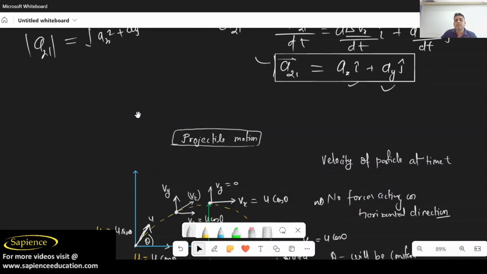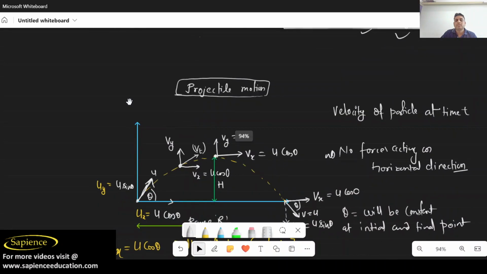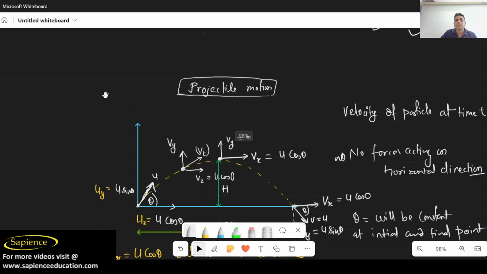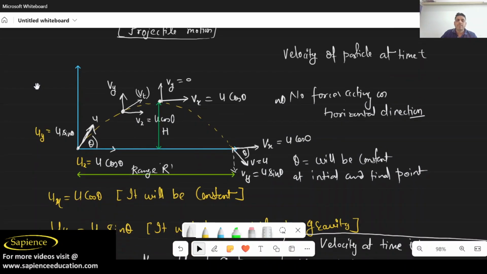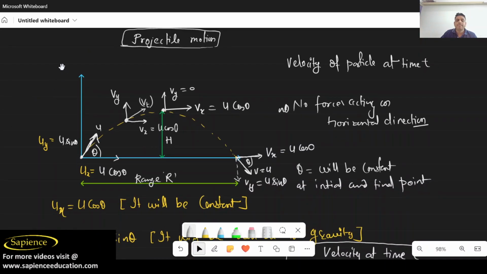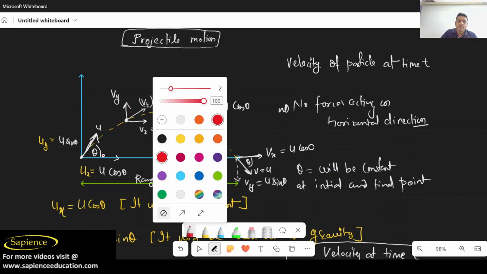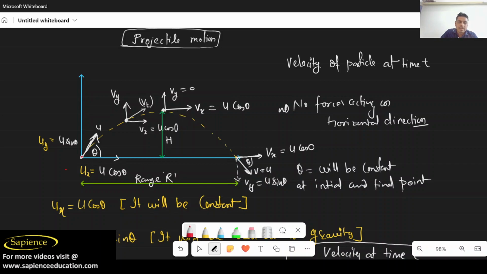Now I will talk about projectile motion. What is projectile motion? From here we can see that we are talking about a motion in a plane only. Let us suppose a body or an object is projected with velocity u.